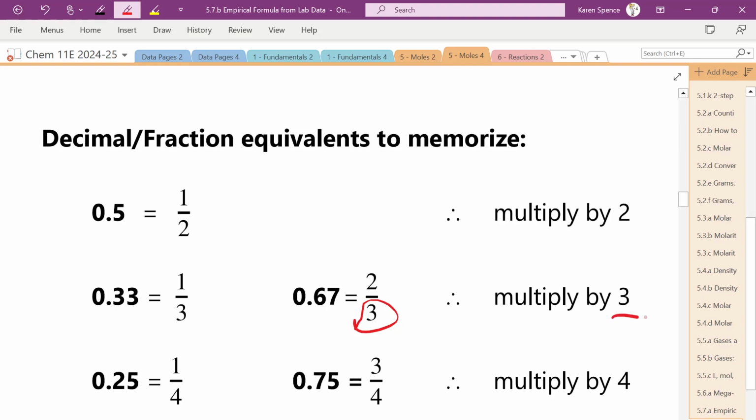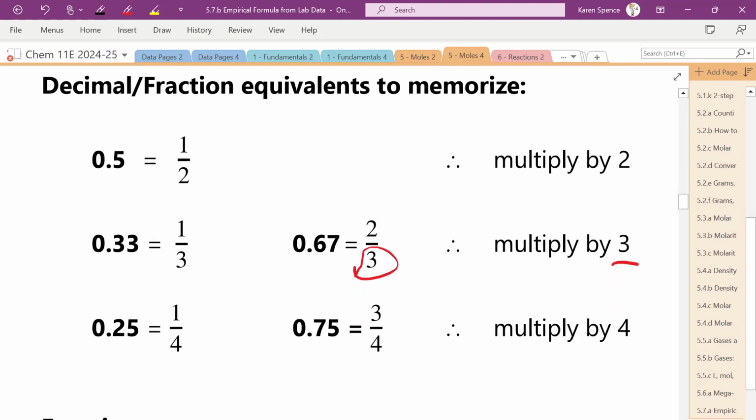And then for quarters, you don't have to worry about 2/4 because that's the same as a half, right? So you should know 1/4 is 0.25 and you would multiply by 4 to get rid of that 4 on the bottom. 3/4, same thing, 0.75, you would want to multiply by 4. All right? And if you see something like my number, oh, my number isn't 0.75, it's 0.74.